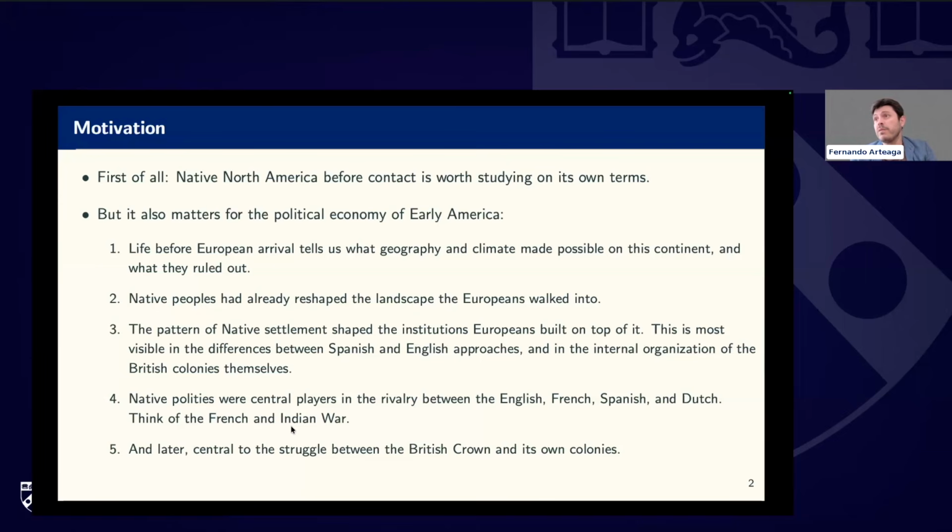Because, and this will become super relevant when we approach the time of the American Revolution, a point of contention between the colonials and the people living in mainland England is what are the benefits and the costs of governing the colonies with respect to England itself.